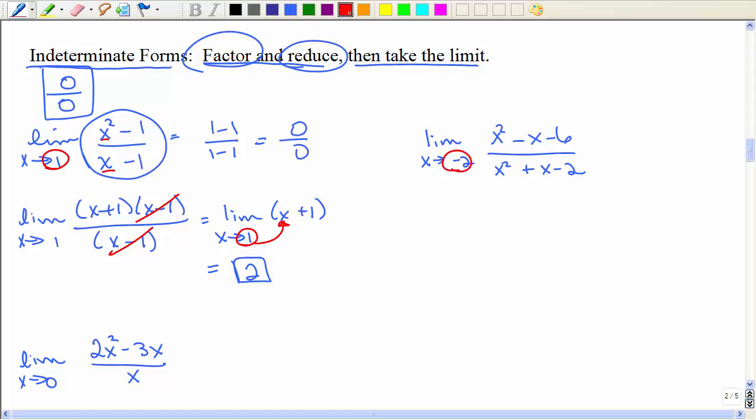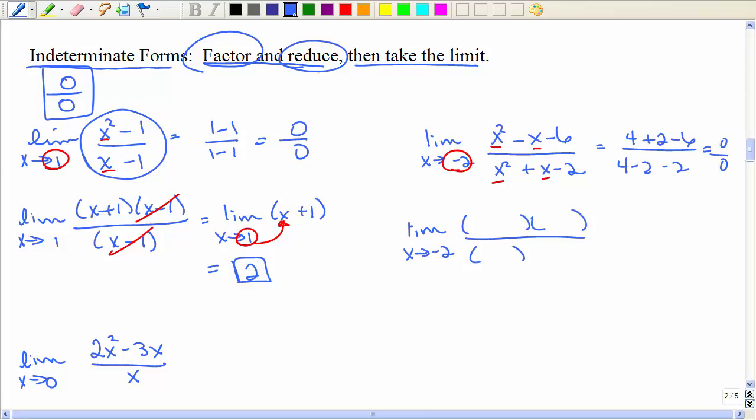Okay, so again, if I plug in negative 2 everywhere for x, I would get 0 over 0, which I can't do. Go back, try again. So I'm going to factor these trinomials.